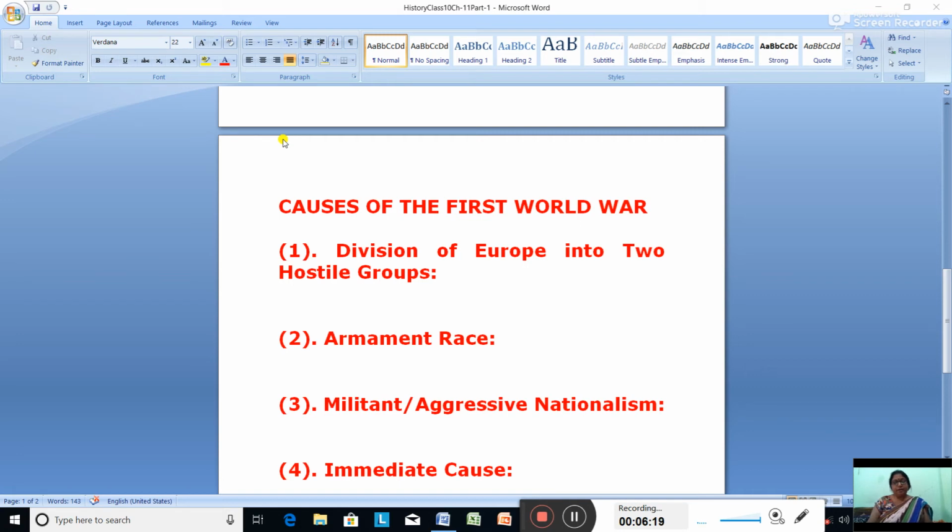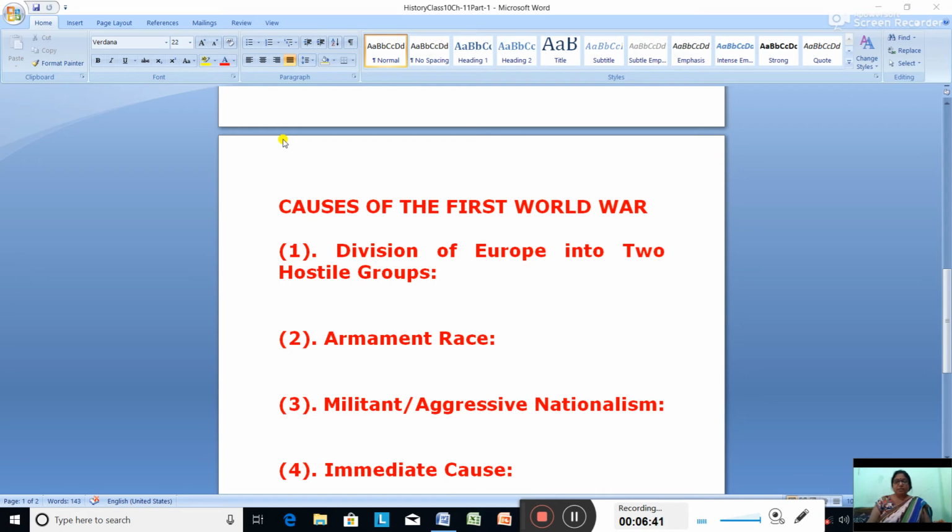Next, we have militant or aggressive nationalism. What is the meaning of nationalism here? Nationalism refers to the sense of unity felt by the people who share a common history, common language, and common culture.